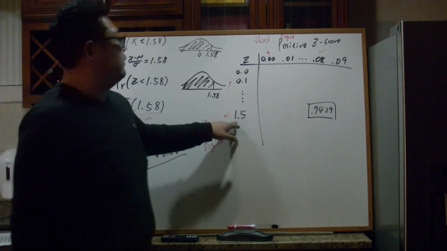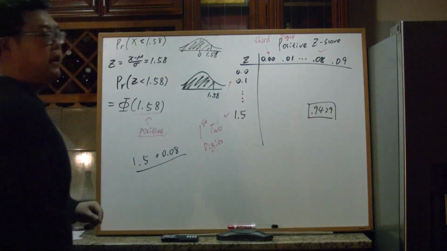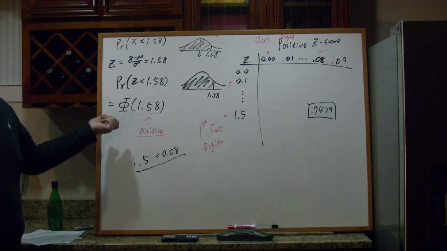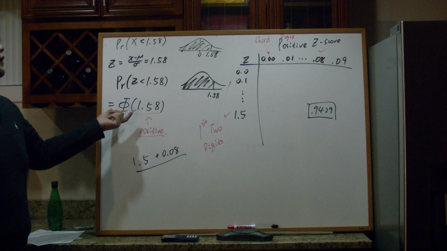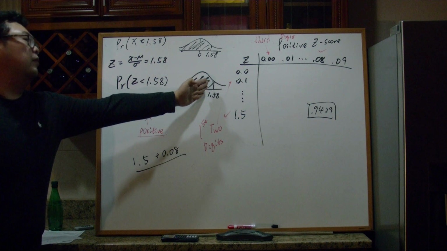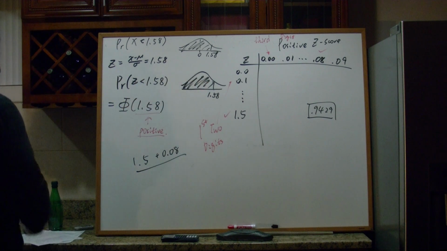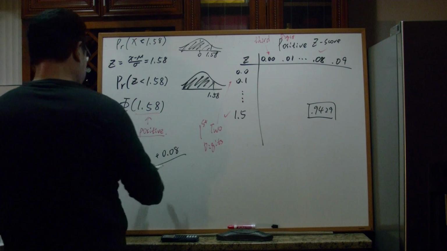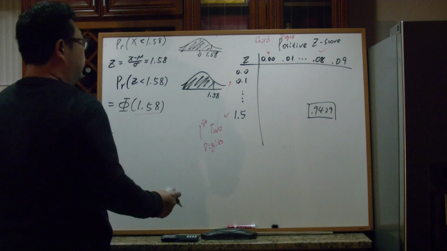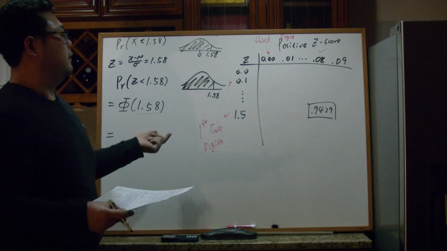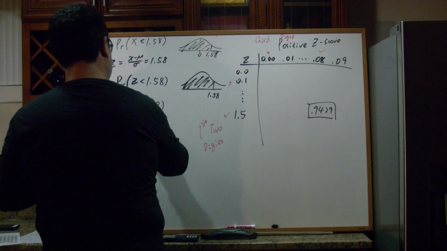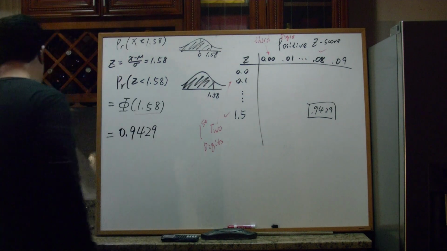So the intersection of 1.5 and 0.08 is our answer, and the table value we get is phi, the cumulative probability, in other words the probability of a z-score of 1.58 and less. Since we're asking for just phi of 1.58, we're just pulling it out from the table, that is 0.942.